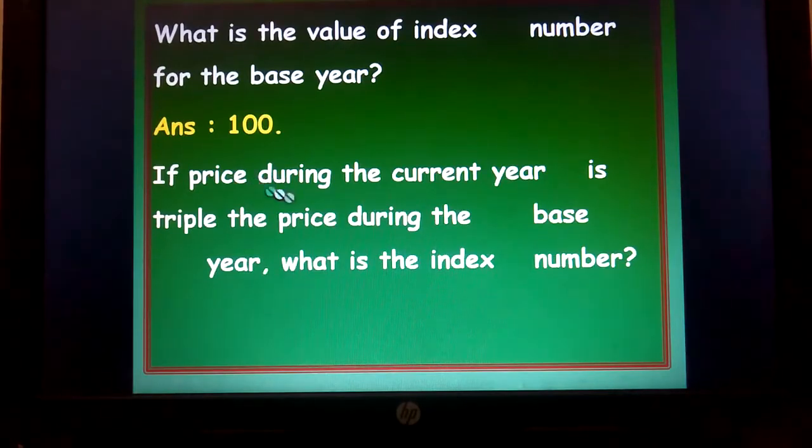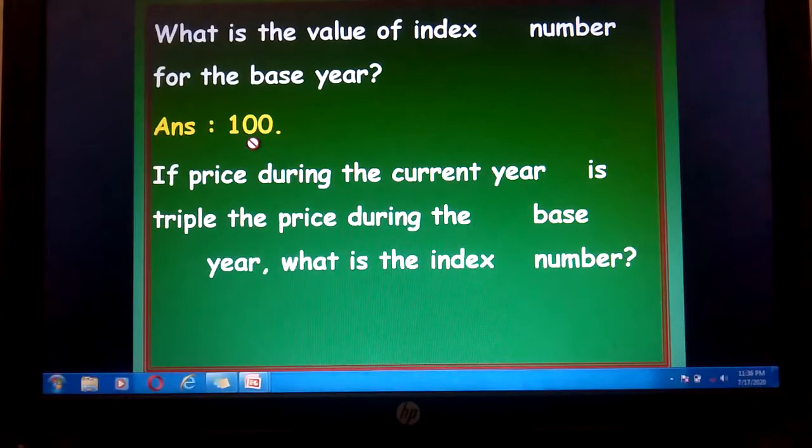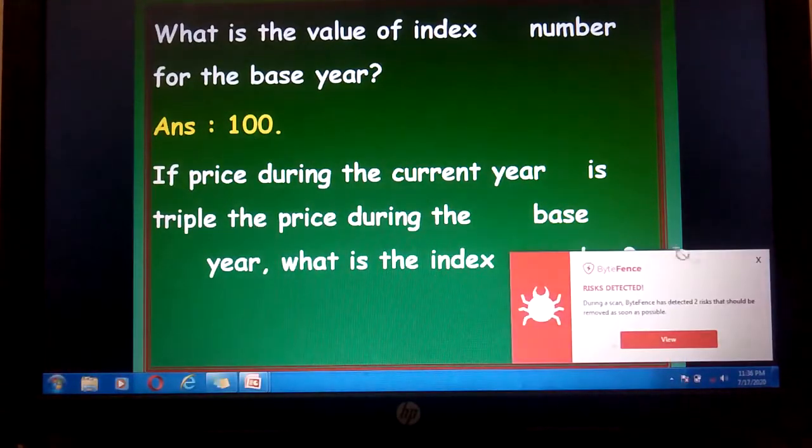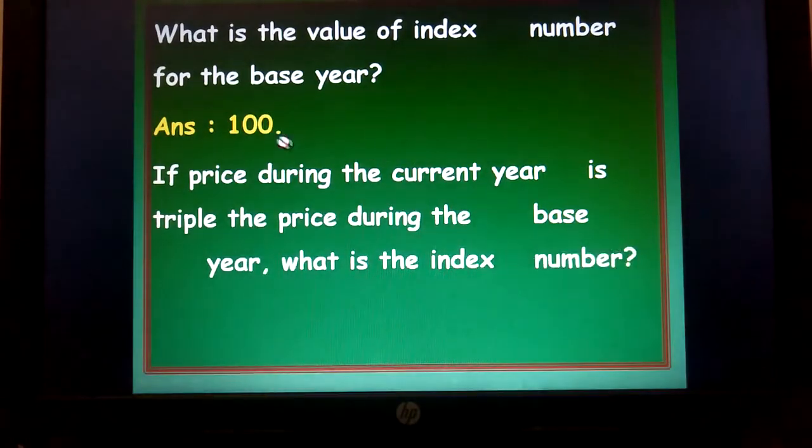The price in the current year is triple compared to the base year. The base year index number, we know already, is 100. Correct? Triple that 100, 3 times 100, becomes 300. So the answer is 300.